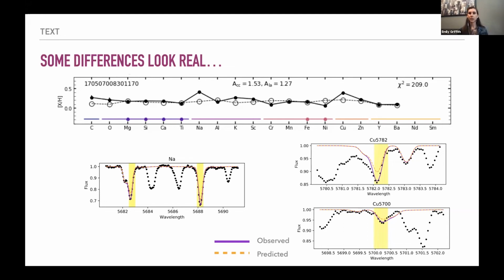If we create a spectra for our predicted abundances and compare it, that is shown in the orange line. In both the sodium and the copper cases, it's pretty clear that the predicted spectra is not well fit to the spectrum, and it's much better fit by the observed abundances that GALAH reports.